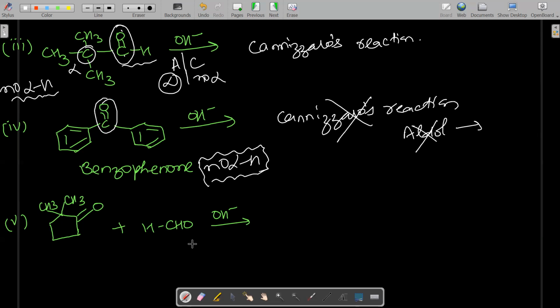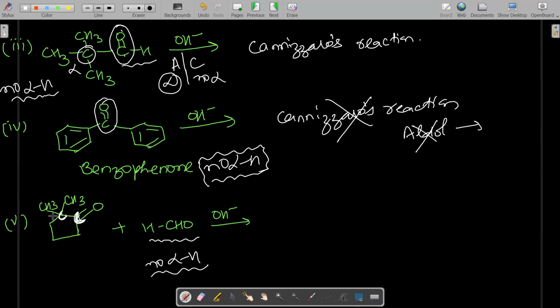Okay. The next example you can see, this is the cross reaction. Now in this cross reaction, again we have to check both molecules. Any one molecule containing alpha hydrogen will show aldol, but if both molecules have no alpha hydrogen, then only Cannizzaro is possible, right? So this one is methanal. Already you know there is no alpha hydrogen present. See the second molecule. This is the CO group.